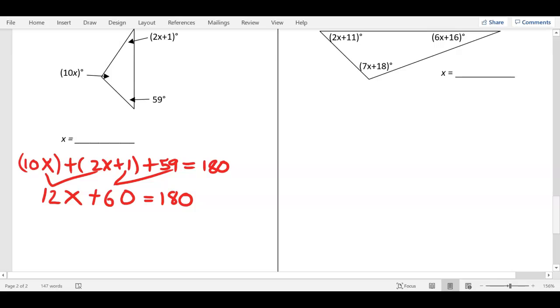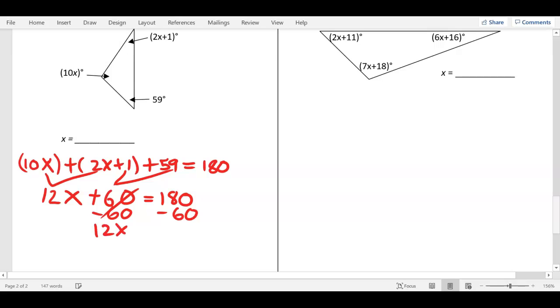So I'm going to get rid of the loner first, and my loner is what? 60, right? How do I get rid of a positive 60? Subtraction, right? I'm going to subtract 60 from both sides. I'm going to bring down the 12x, and then what's 180 minus 60? 120.